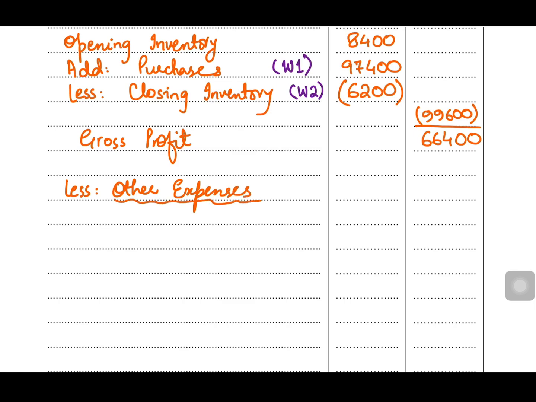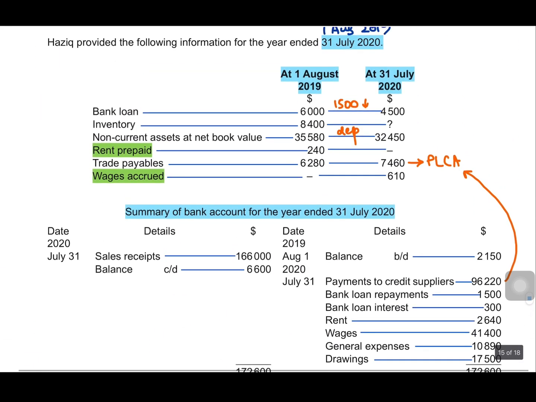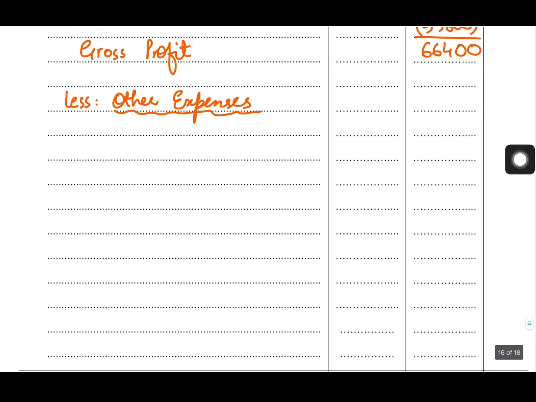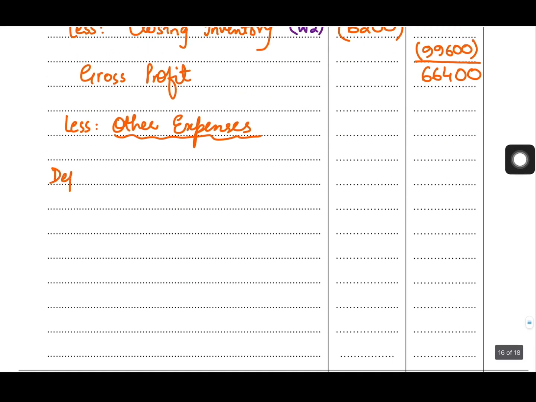In other expenses, starting from the start of the question, we have bank loan, which is not an expense, not inventory, then non-current assets at net book value, right? So you remember we discussed that if there is a fall in the value of non-current assets, it could be due to depreciation, because there are no disposals in the question. So don't forget to take this expense in your income statement. So the first expense would be depreciation on non-current assets, right?